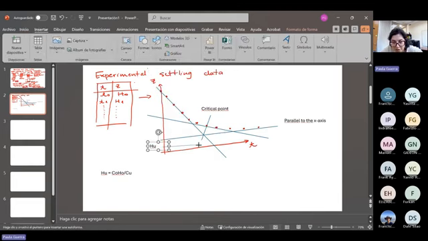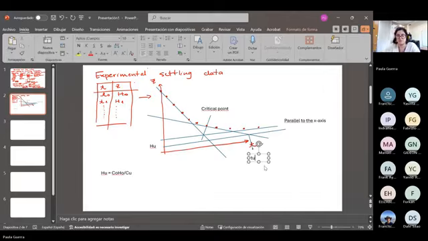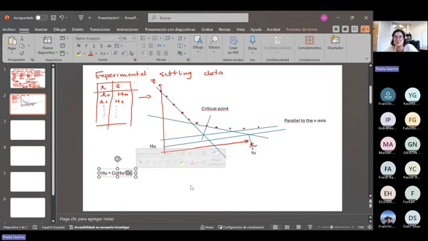Then I'm going to draw a straight line, and the point where it intersects with the tangent line is what we are going to identify as TU. In theory, this is the time where the desired height is reached, where we reach the desired final concentration that we want in the underflow of our settling system.